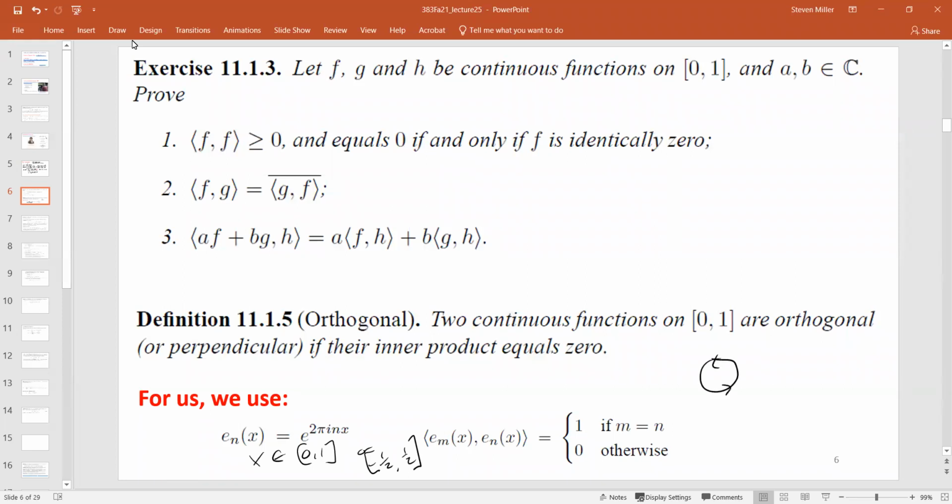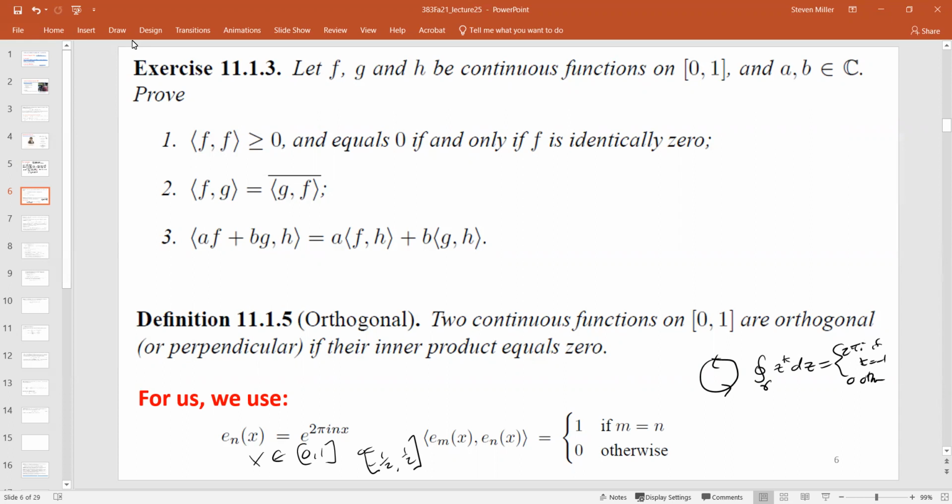Yeah, this is just the integral over a closed circle of z to the k dz equals 2 pi i if k equals -1 and 0 otherwise. Because what we're really doing here is integrating along the circle of radius 1.